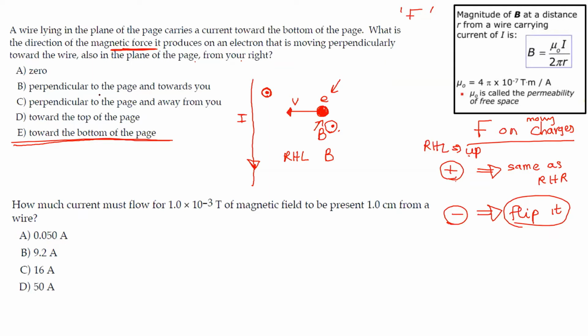Okay, I got a question. Why are my fingers pointing left if the current is pointing downward? So these are two different things. Let me explain it again. You have this current carrying conductor, and it creates a magnetic field at this location.